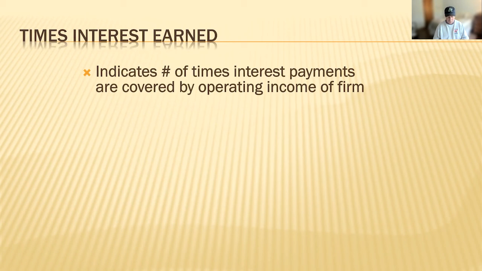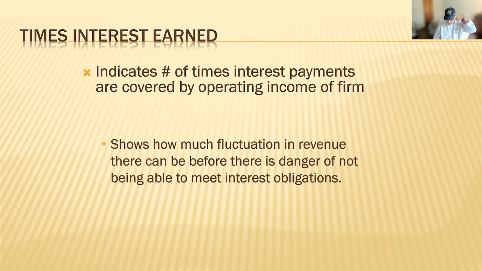So the times interest earned is going to indicate the number of times that interest payments are covered by the operating income of the funeral home in this case. We're interested in figuring out if there's any fluctuation in the revenue. There can be some danger that you're not being able to meet your interest obligations.